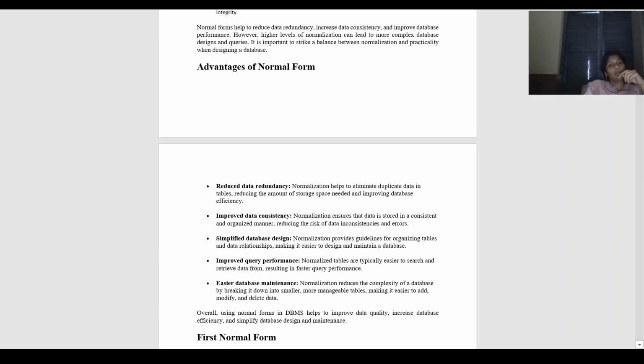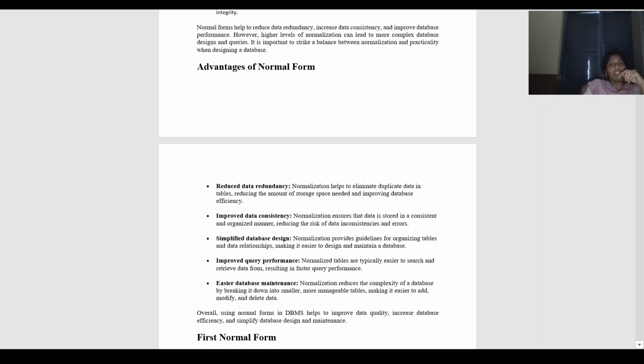That means normalization ensures that data is stored in a consistent and organized manner, not in an unorganized manner, reducing the risk of data inconsistency and error.